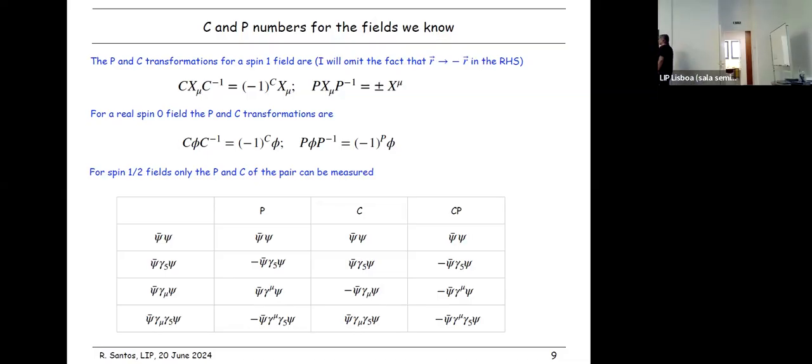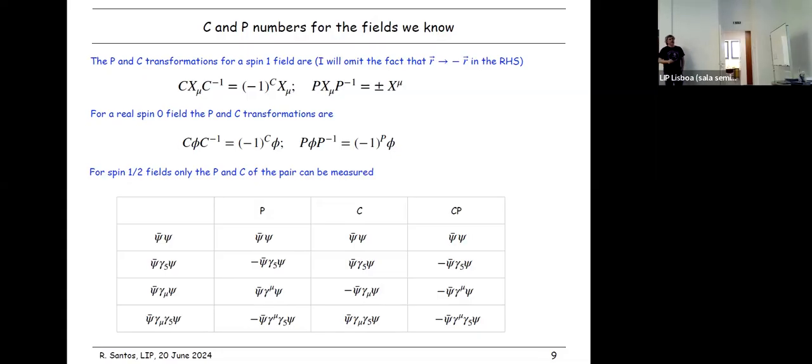This means that C squared is equal to 1, which means that the eigenvalue is either 1 or minus 1. This is basically what you need to know about charge conjugation. The operator changes the particle into its antiparticle. And for the P transformation, you just change the spatial components. So you have a covariant, contravariant change. And of course, then you also have the possibility of having a plus and a minus.